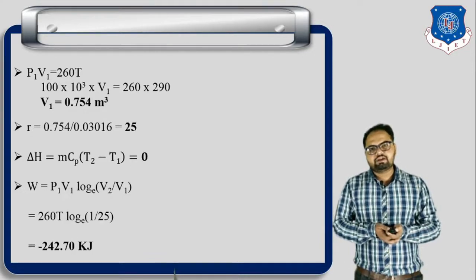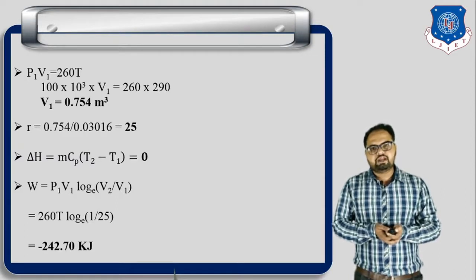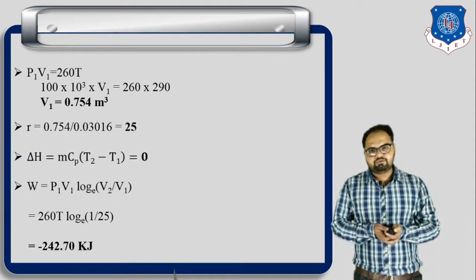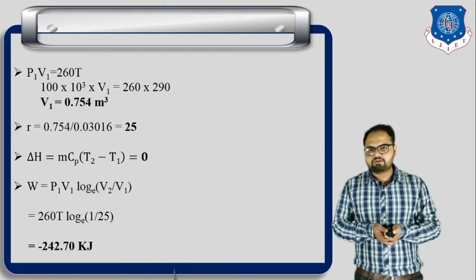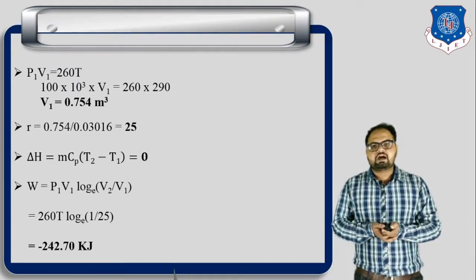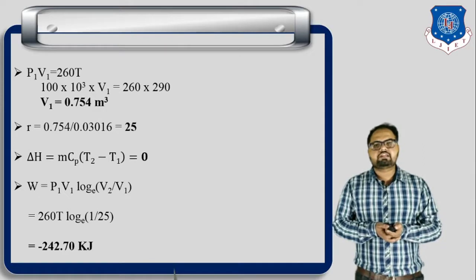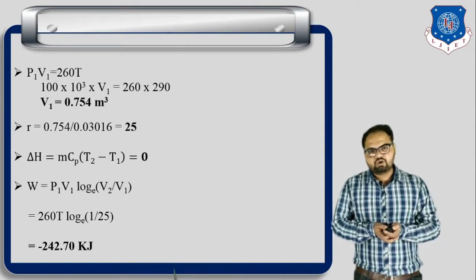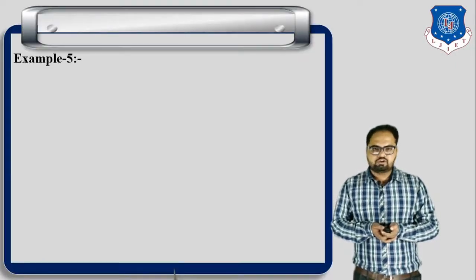We know P1 V1 is 260 T, and we know the ratio V2 by V1 is 1 by 25, because V1 by V2 is equal to 25. By putting this ratio we get the answer, minus 242.70 kilojoule. Here work done is negative, and the negative sign indicates that work is done on the system during the process. So that is all about this numerical.